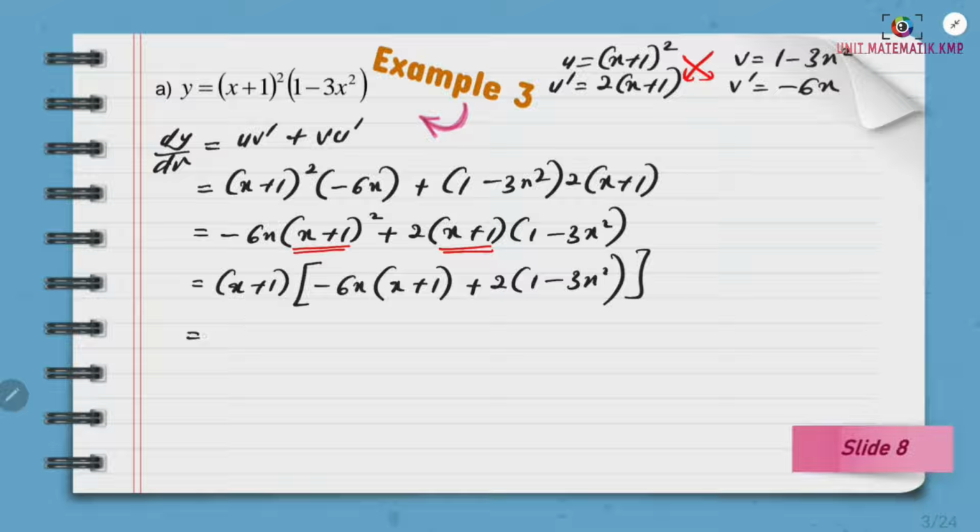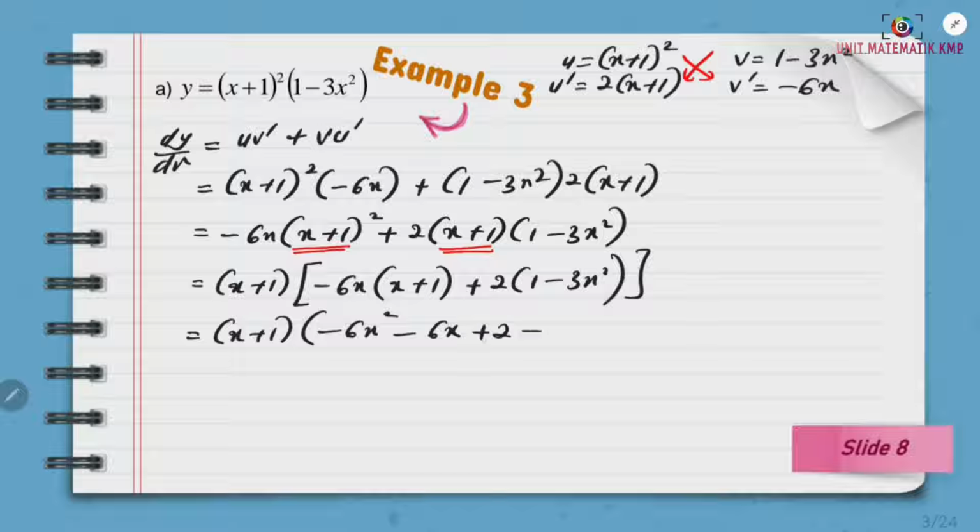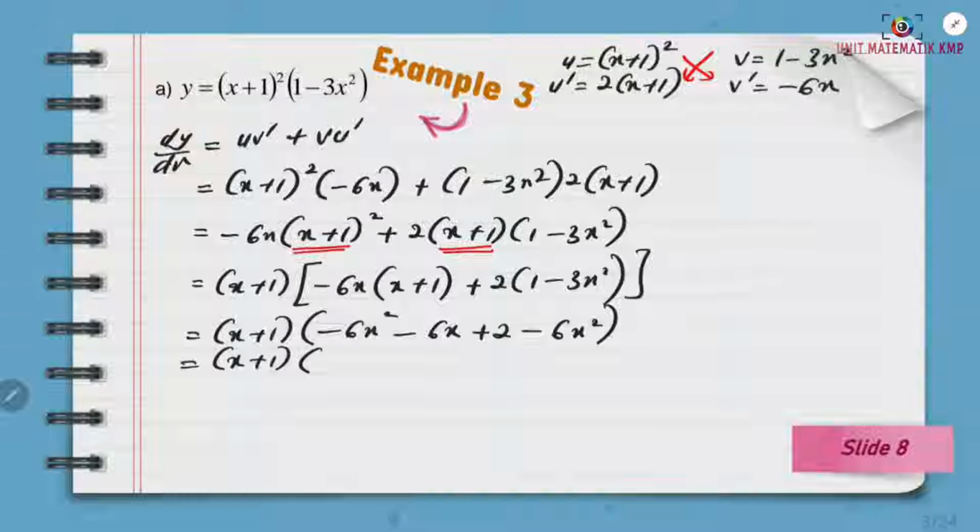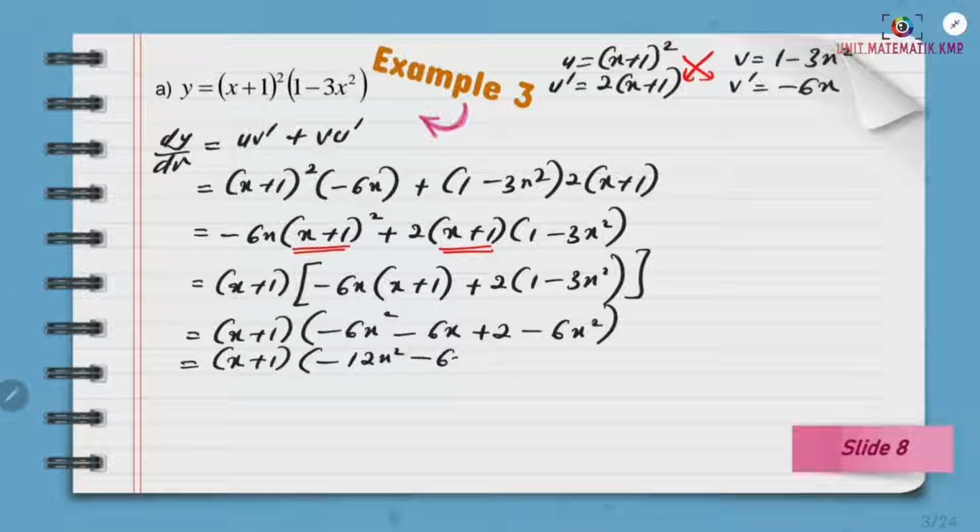Next, we simplify the square bracket. We have (x + 1) times negative 6x² minus 6x plus 2 minus 6x², and we have (x + 1) times negative 12x² minus 6x plus 2.